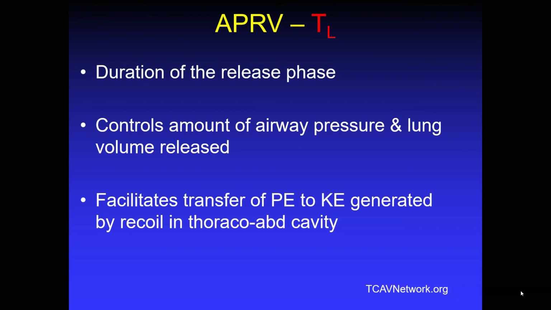It facilitates the transfer of potential energy to kinetic energy generated by recoil in the thoraco-abdominal cavity. And there's more recoil with restrictive lung pathology, such as ARDS, such that these patients tend to need shorter T lows as compared to patients with obstructive lung pathology, such as COPD, where longer T lows are needed.